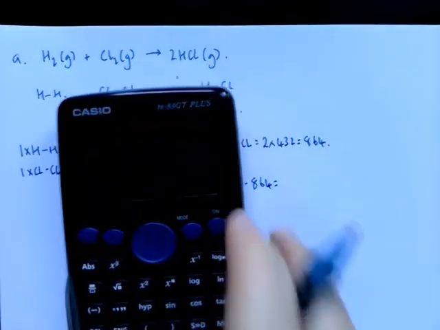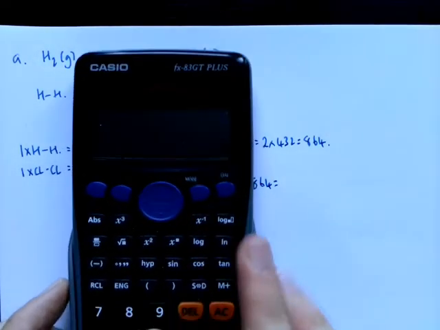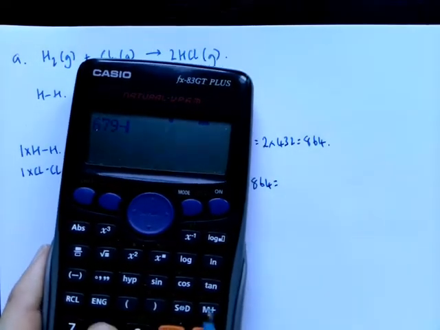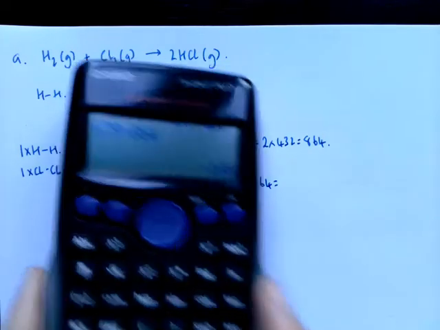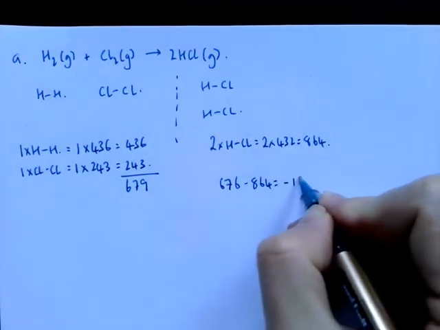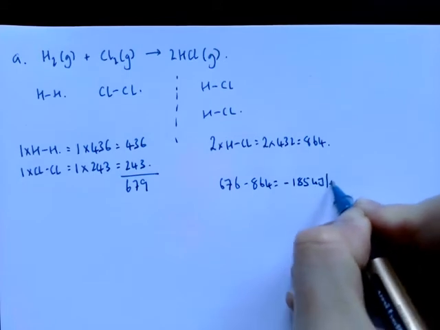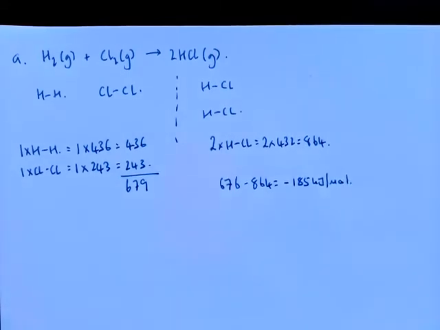Use my calculator for that one. So 679 minus 864 gives me minus 185. Minus 185 kilojoules per mole. Okay, so it's exothermic because it's a negative sign, which means we're releasing energy to the surroundings. Okay, so on to the next one.